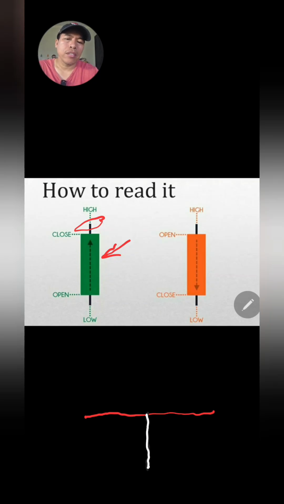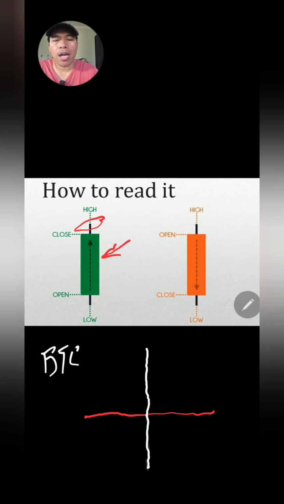Again, the seller here will pull up the price. Why is it like this? Because say for example you are the seller. You want your Bitcoin, BTC, to make the price higher. Why?